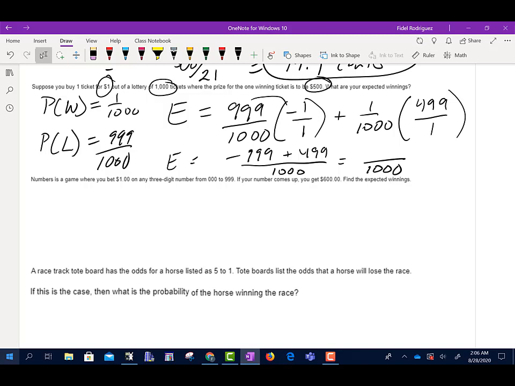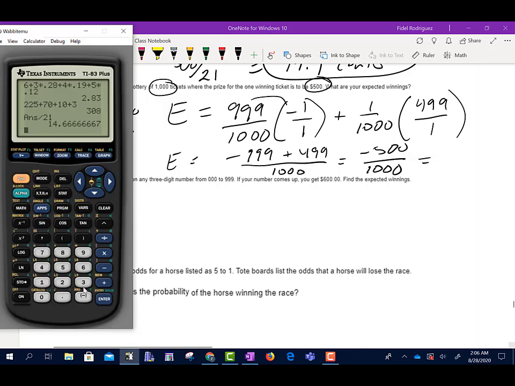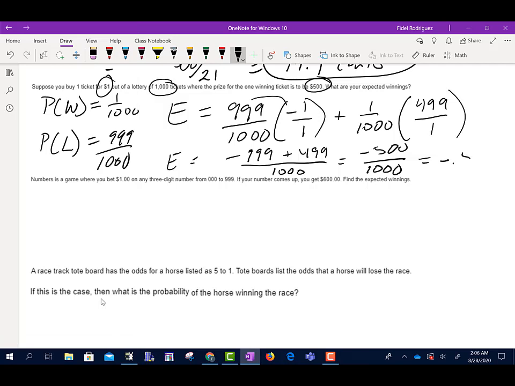So negative 500 over 1,000 would be, take my calculator, negative 500 divided by 1,000 is negative 0.5. So on average, I'm losing about 50 cents every time I buy one of these lottery tickets, okay?